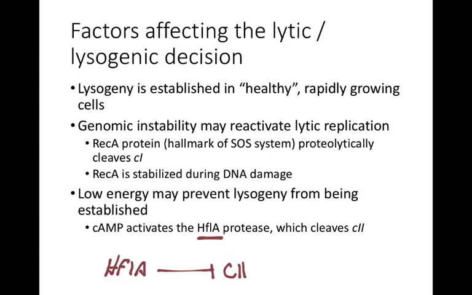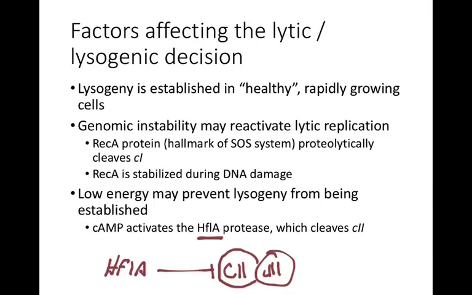So what we find is that the activity of HflA will increase as cyclic AMP binds to it, and it will overcome the stabilizing forces that C3 has on C2. Without C2 present, we will find no transcription of C1, and therefore lysogeny can never be achieved in the first place.